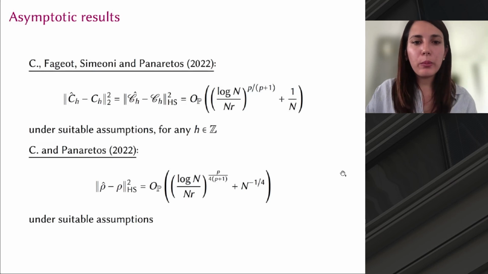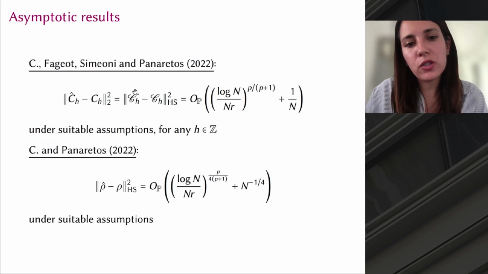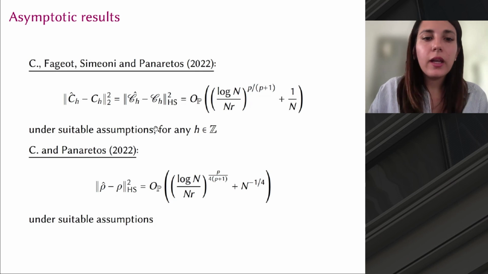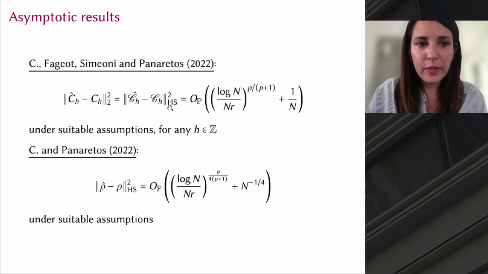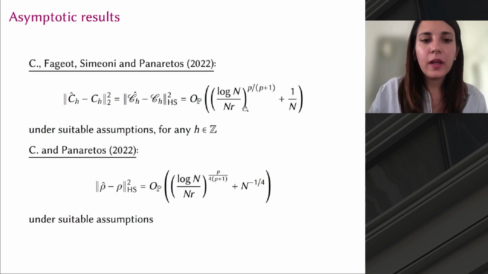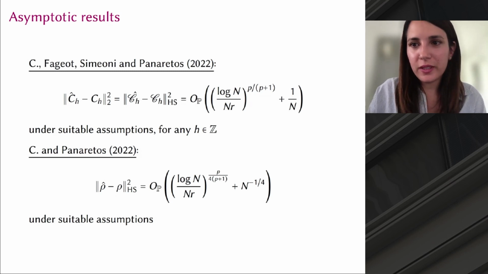We proved consistency and rates of convergence for C-hat_H, the estimator of the lag-H autocovariance function, and so also of the linked operator in the Hilbert-Schmidt norm. And this is the rate. Also for the estimator of the autocorrelation rho, we obtained this rate of convergence, which is actually this rate to the power 1/4. Both under suitable assumptions, but I don't have time to go into the details.